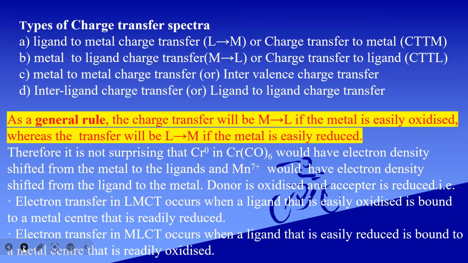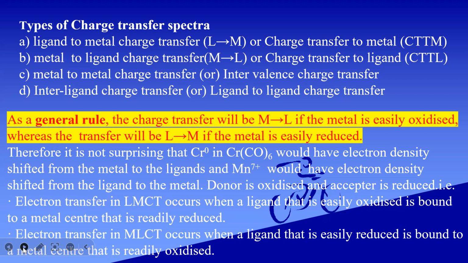As a general rule, the charge transfer will be metal to ligand if the metal is easily oxidized. That means the metal loses its electron, so it becomes easily oxidized. Whereas the transfer will be ligand to metal if the metal is easily reduced. That means the metal receives electrons, so it is reduced.